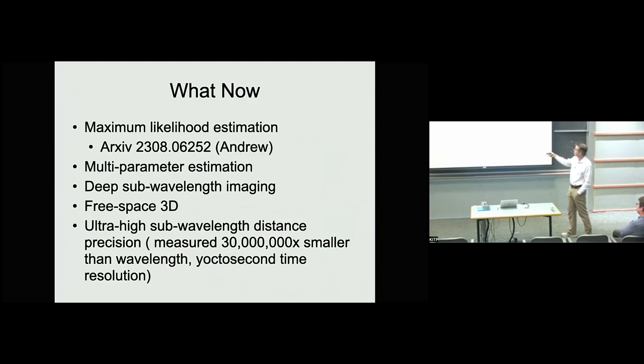We want to be able to use this multi-parameter estimation, for example, to reproduce a scattering distribution. So we want to know how many scatterers there are, and what the whole distribution looks like. And so we want to see deep sub-wavelength imaging. And we believe this can have a lot of practical purposes in many fields.